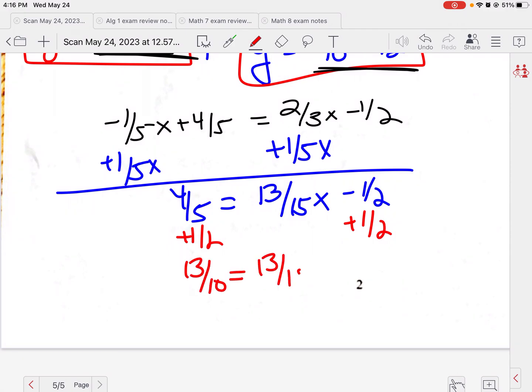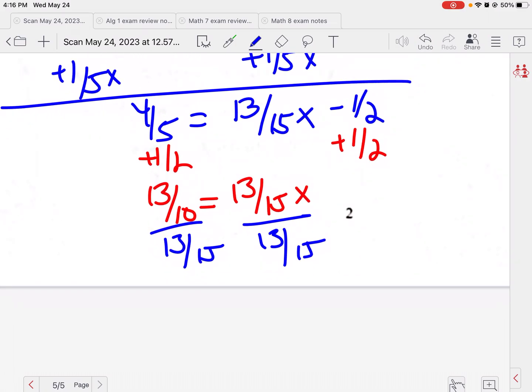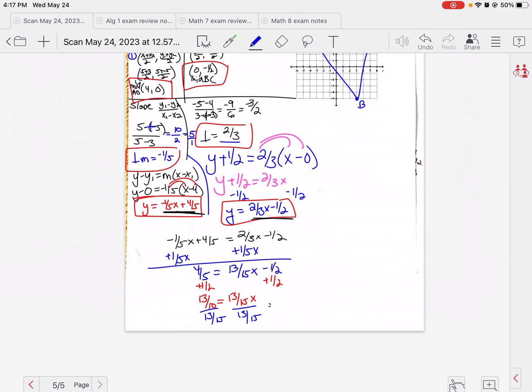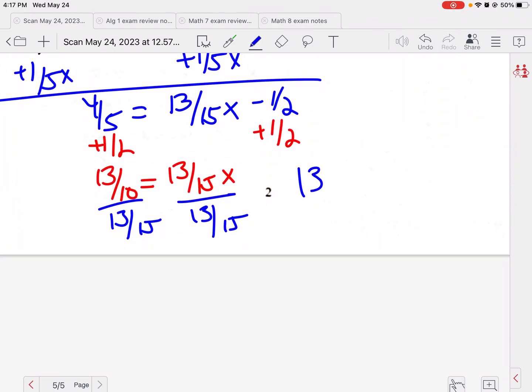Okay, and then we're going to go ahead and divide by 13/15. If we do copy dot flip-flop here, we would have 13/10 times 15 over 13.